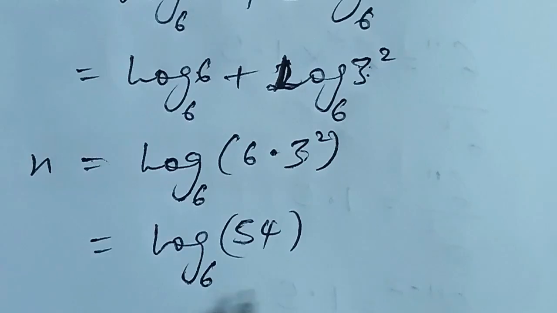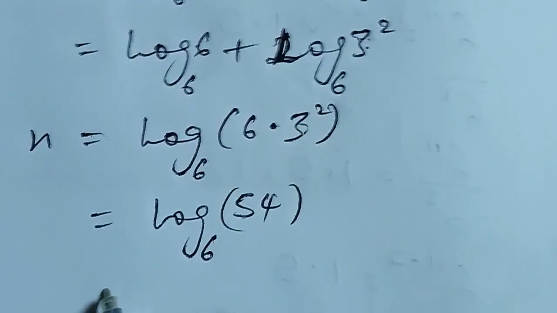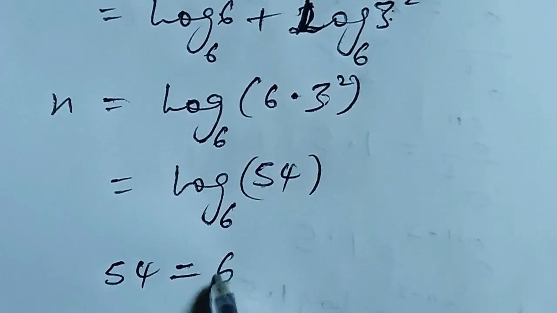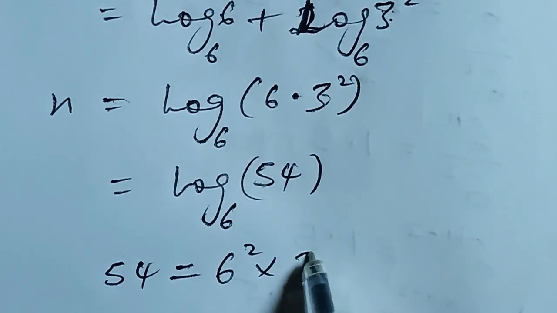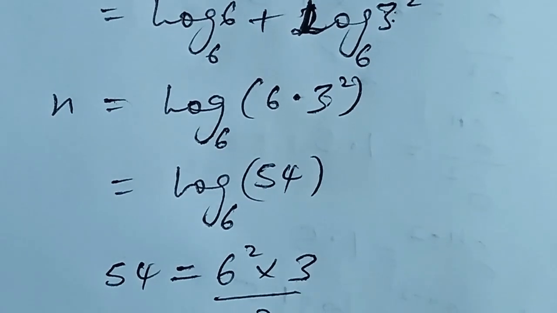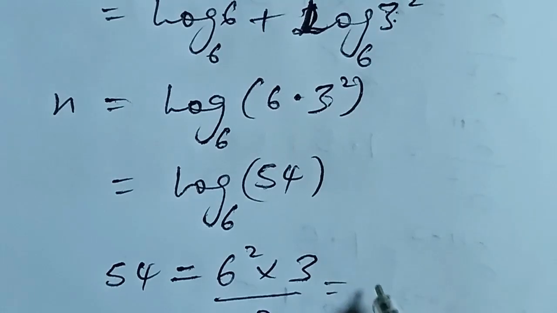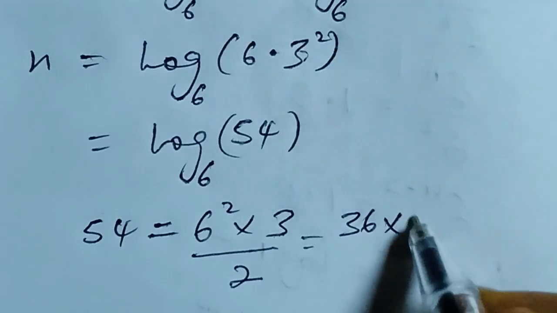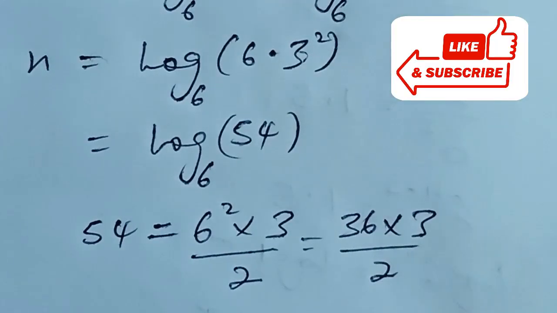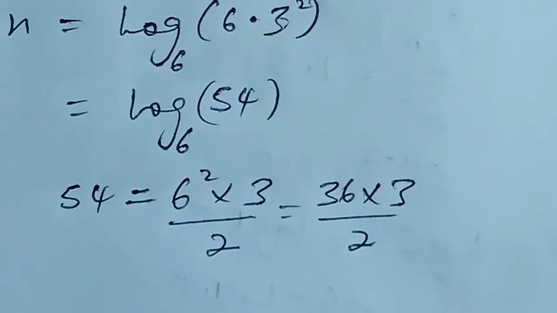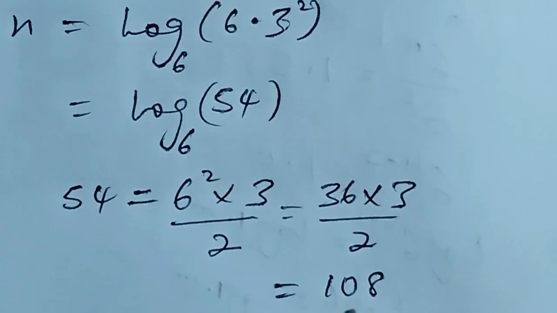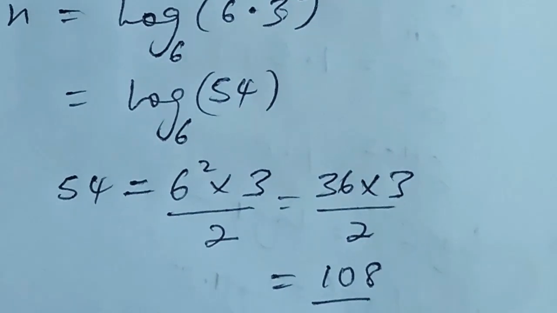And here we can simplify this 54 can be written as 6 to the power of 2 multiplied by 3 over 2, and this is written as 36 multiplied by 3 over 2, and if we multiply this, we have 108 over 2.